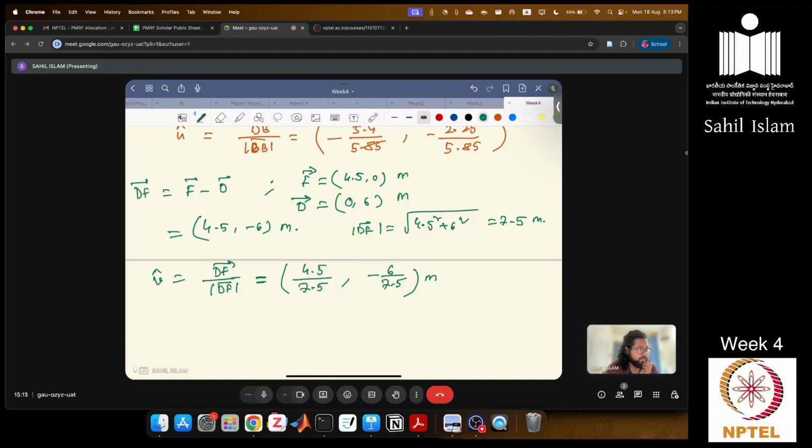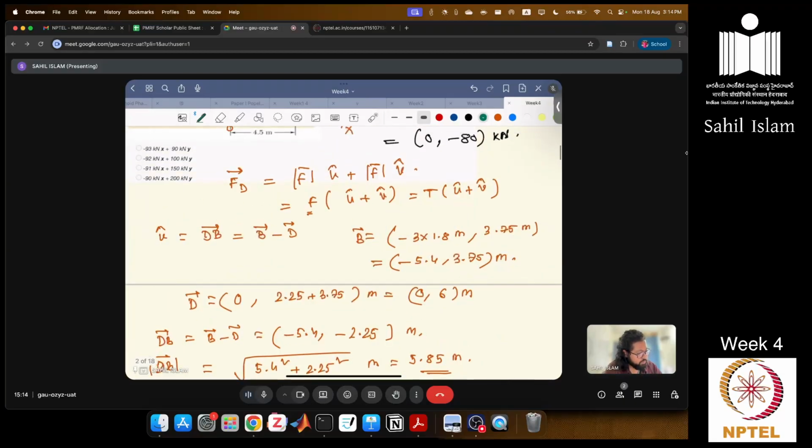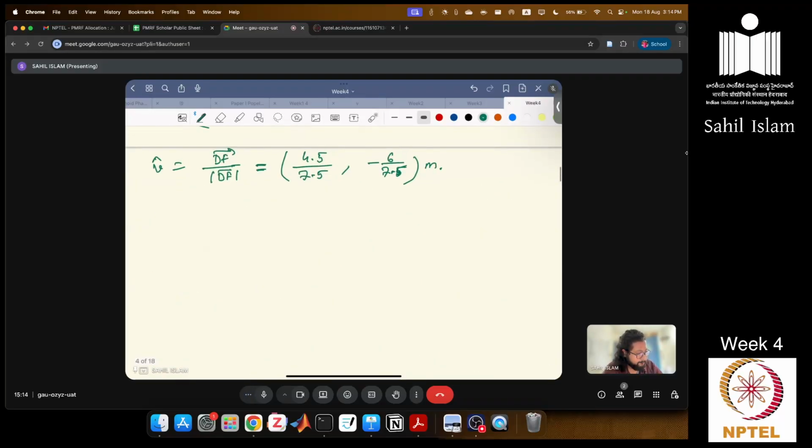Okay, so what we got here, now we have to find out this. So F of D, FD vector. FD is what? Tension times U cap plus V cap.